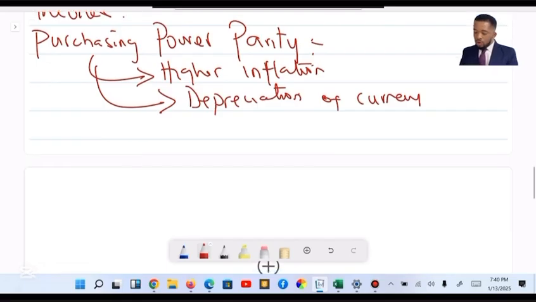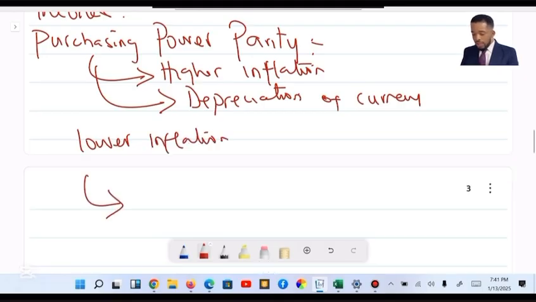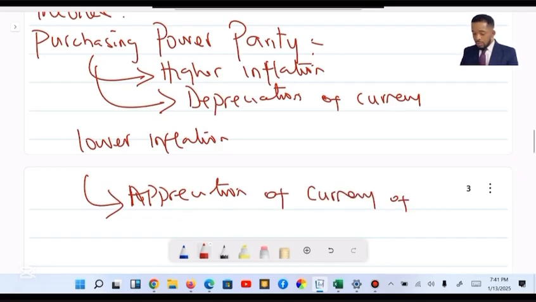And if you have lower inflation rate, it would result in appreciation of the currency of that country.